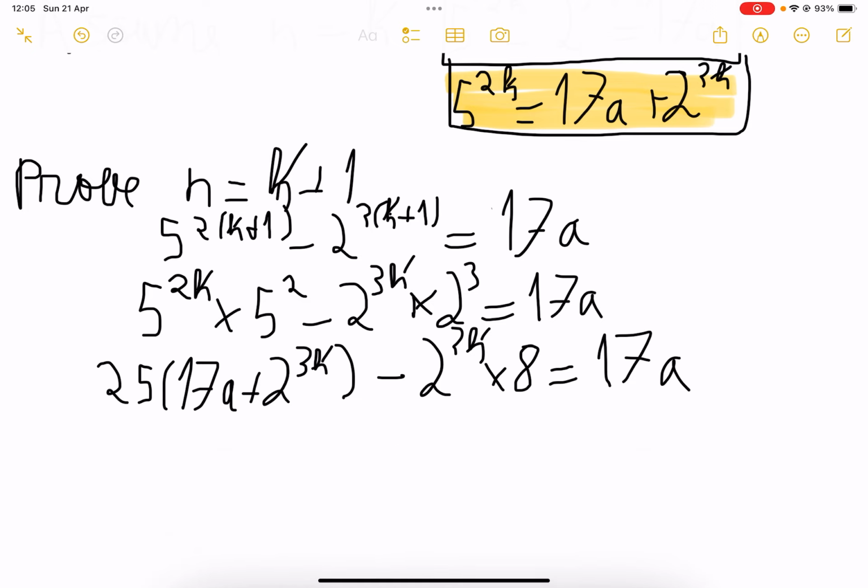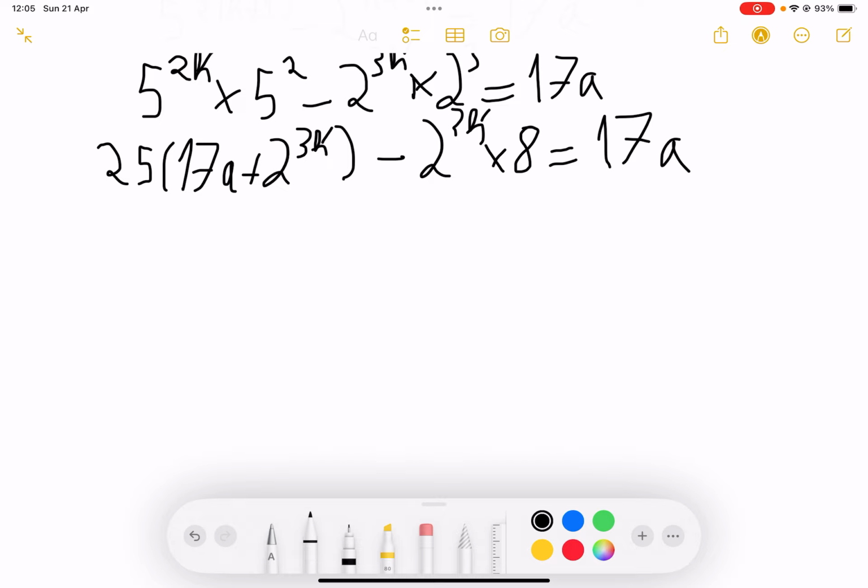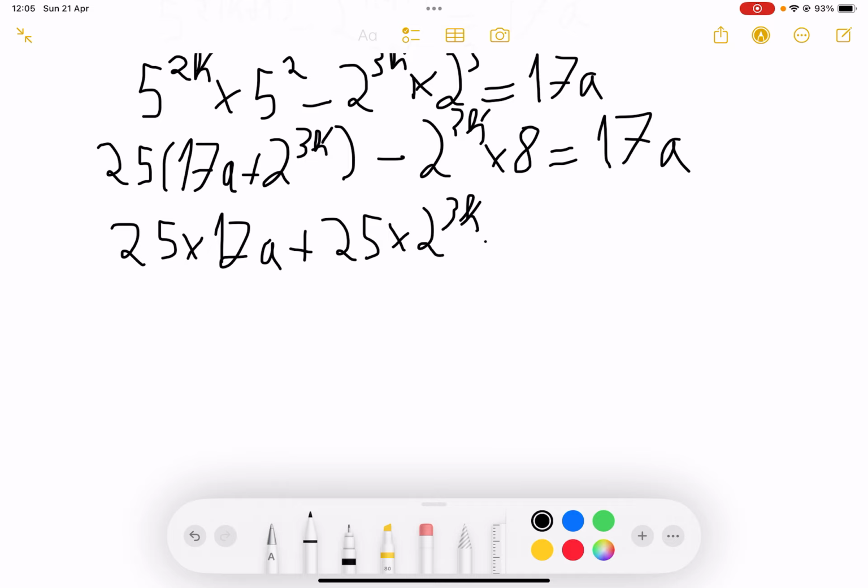Right. So now we will expand this once again. So 25 times 17a plus 25 times 2 to the power of 3k, minus 2 to the power of 3k times 8, is equal to 17a.